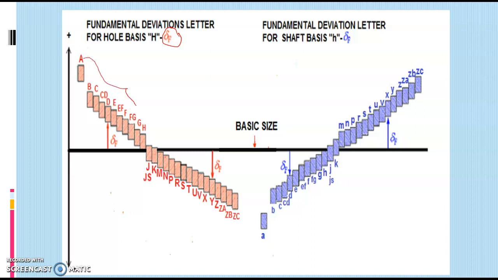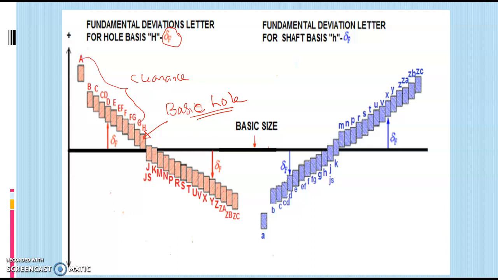For holes, A to G, that is A, B, C, CD, D, E, EF, F, FG and G, are used for getting clearance fit. Capital H is taken as the basic hole, that is fixed for the hole basis system.